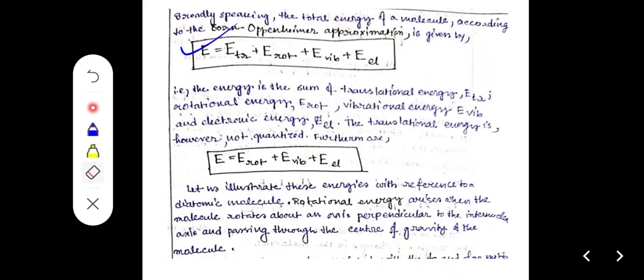Okay, the energy is the sum of transitional energy E TR, rotational energy E rot, vibration energy E vib, and electronic energy E EL. The transition energy is however not quantized. Quantized means for a specific energy state, when a molecule goes from the first one to the second one, it definitely absorbs some amount of fixed energy.